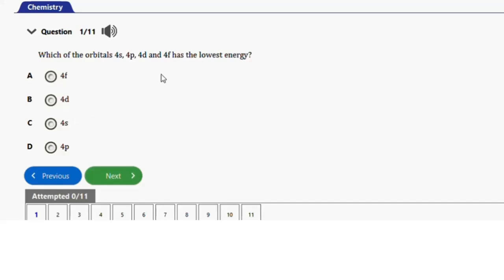So the right option is option C. In orbitals, the transition of energy moves from the highest orbital to the lowest orbital. So the lowest orbital here is 4s basically. Option C.